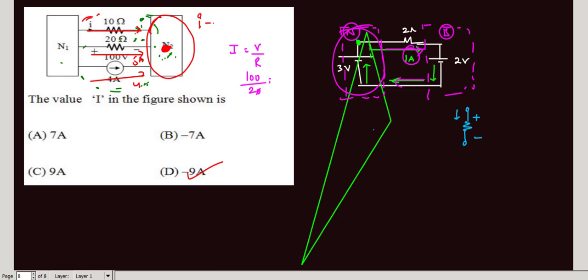So I plus 5 plus 4, and the current leaving is 0. No current is leaving from that node; only currents are entering. So I equals minus 9 amperes. Okay, let's see the next question.